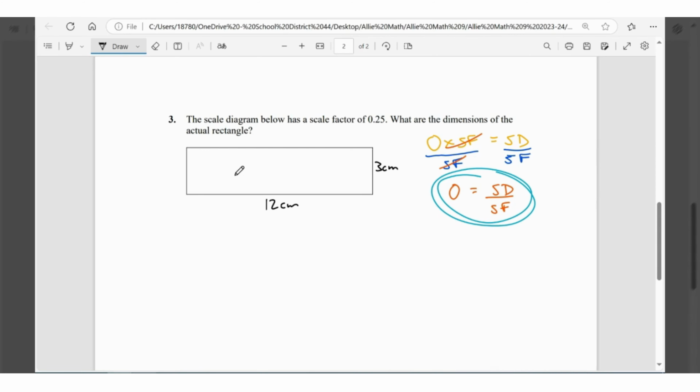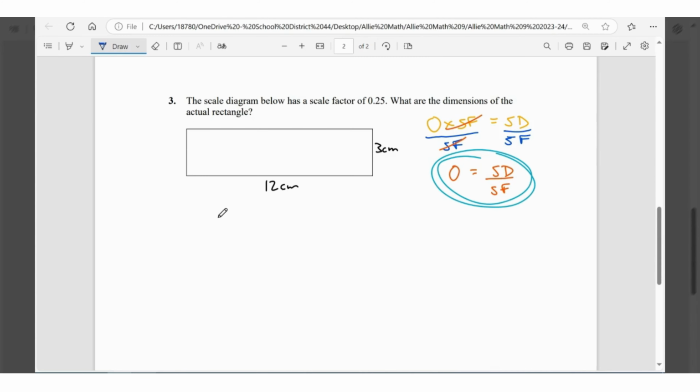So now we know the dimensions of our scale diagram. We can figure out the original. Let's do our scale diagram divided by our scale factor.